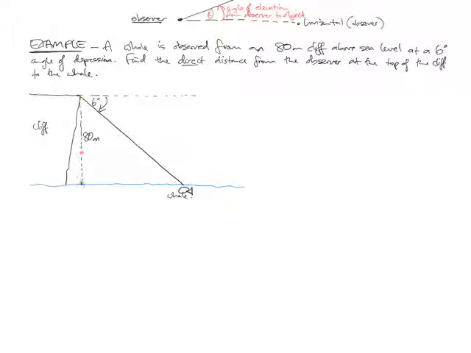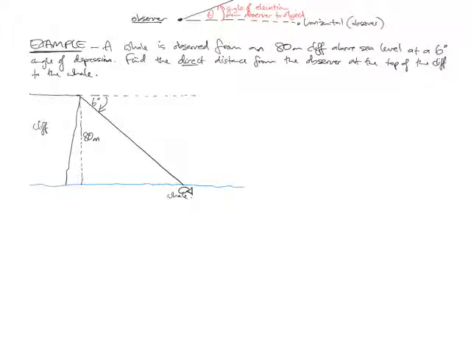The cliff is 80 meters high. That would form a right angle with the sea, and this would be the hypotenuse, and that is what we're trying to find, the direct distance from the observer at the top of the cliff down to the whale. Obviously this is not to scale, this is over 45 degrees, this is nowhere near 6 degrees, but I need to be able to fit it on the page.